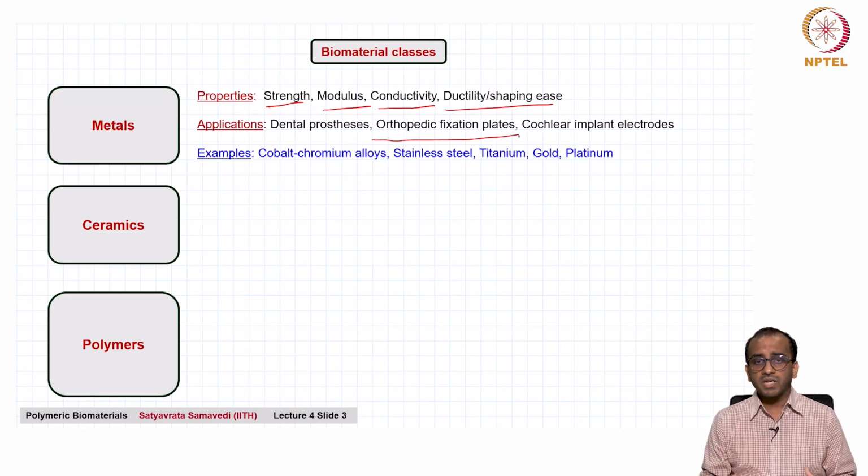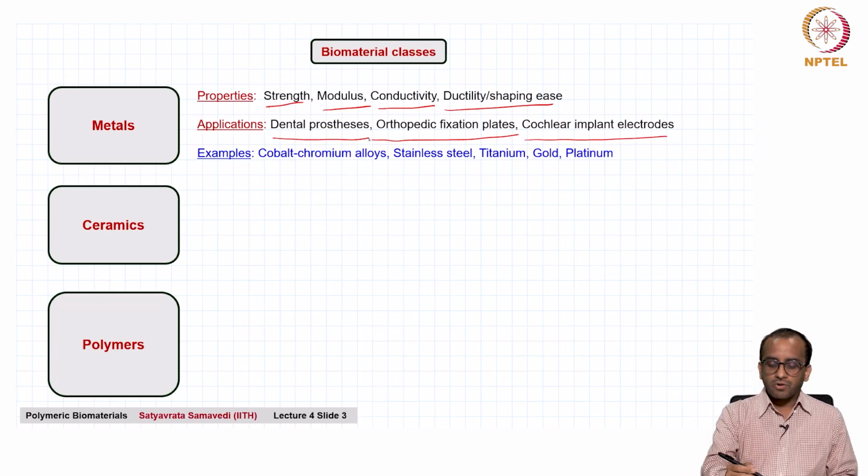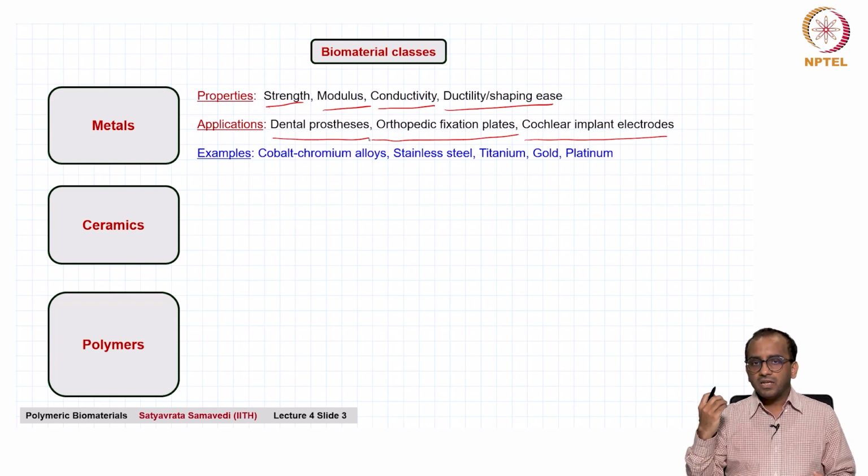Now that immediately dictates the types of applications for which metals have been deployed historically and even today. Largely, they are used in applications that require mechanical load, for example, or in applications that require conductivity. In heart pacemakers, for example, titanium is used to send electrical impulses. Or even cochlear implant devices, these are ear implant devices. We can also have dental prostheses where the metal can serve multiple roles, including where there is a missing tooth from the root itself.